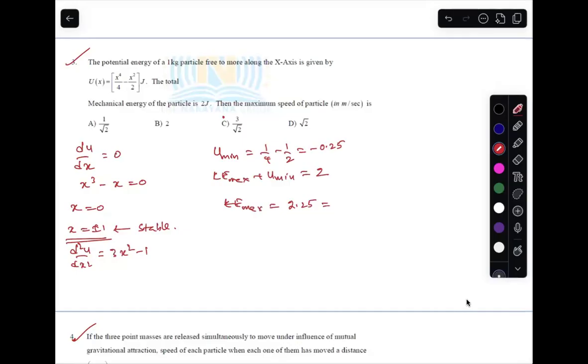Again, mv square by 2 is 2.25. Mass is fortunately 1, so v is root 4.5, that is root 9 by 2, 3 by root 2 meter per second. Right. Actually, it was a wrong choice to select this question.